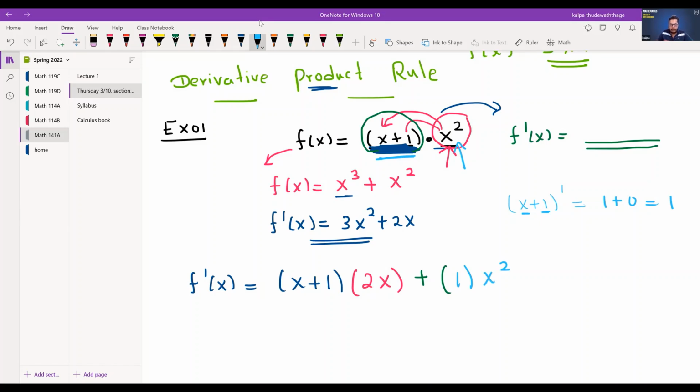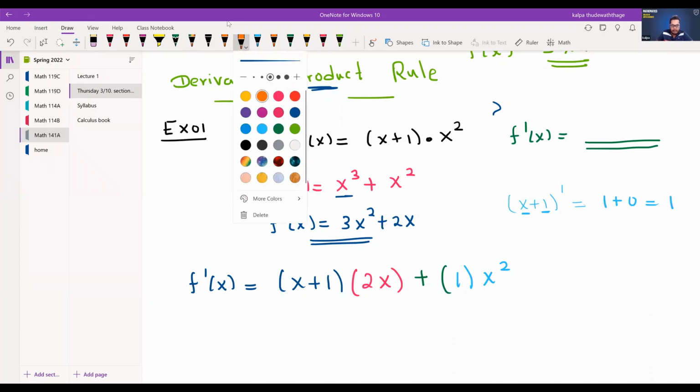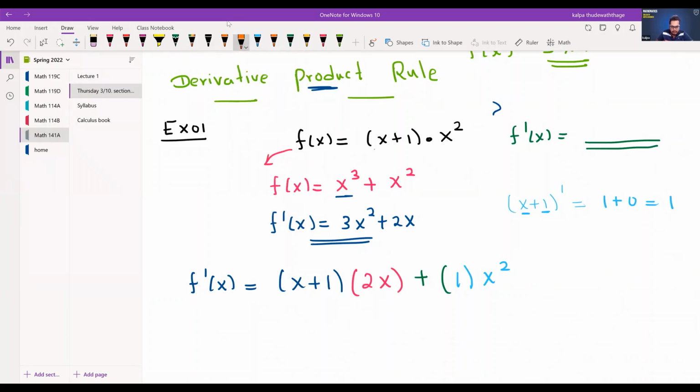Okay, so let me erase this whole thing and I'll explain quickly. First, remember what we did: we keep the first guy as it is and take the derivative of the second one. In the next term, I take the derivative of this and keep the other guy as it is.